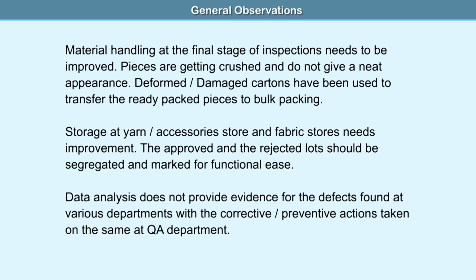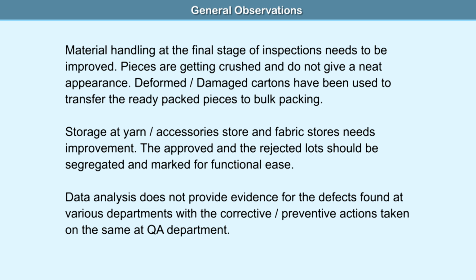The general observations in the factory were that material handling at the final stage of inspection needs to be improved. Pieces are getting crushed and do not give a neat appearance.